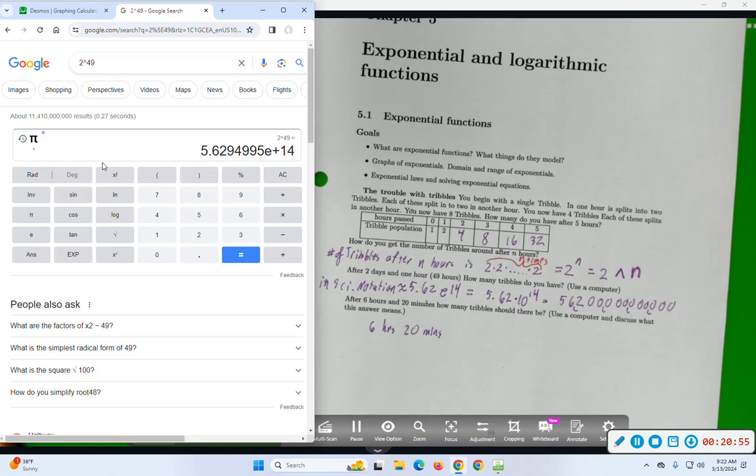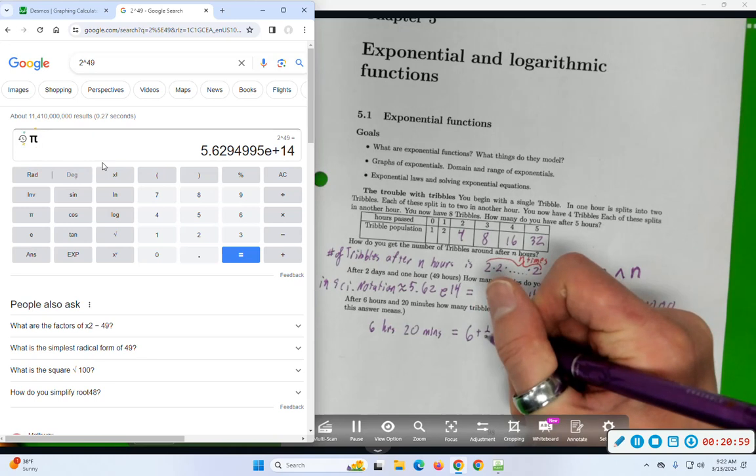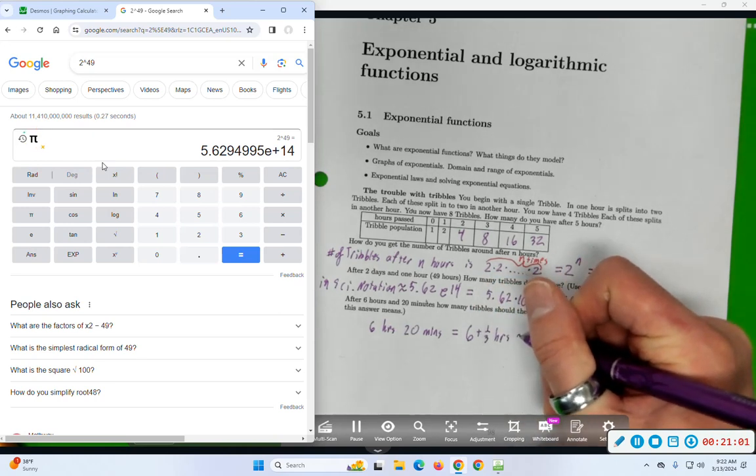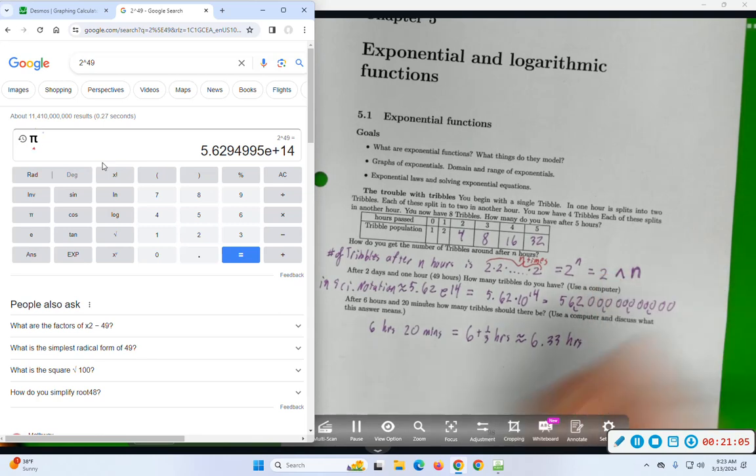So that's 6 1/3 hours. Or if you happen to like decimals, 6.33 hours.